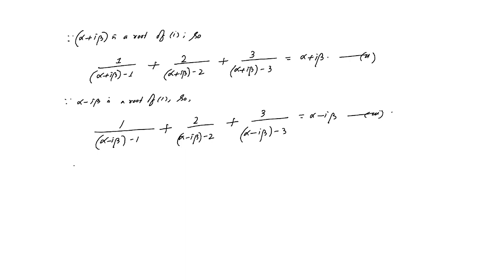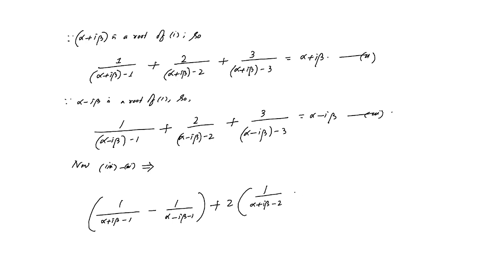So now we'll subtract 2 from 3. So 3 minus 2 implies 1 by alpha minus i beta minus 1 minus 1 by alpha plus i beta minus 1, plus 2 times 1 by alpha minus i beta minus 2 minus 1 by alpha plus i beta minus 2, plus 3 times 1 by alpha minus i beta minus 3 minus 1 by alpha plus i beta minus 3.